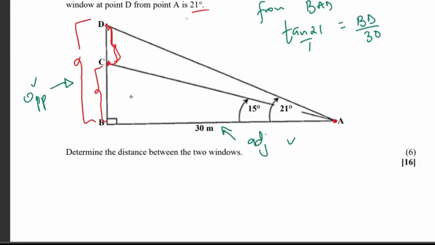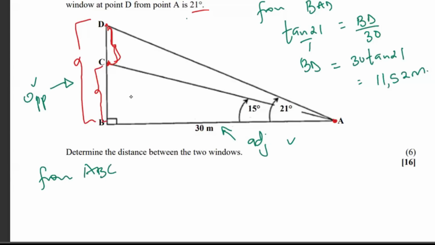Make that over 1, cross multiply. So BD times 1 is BD. We have the 30 times the tan of 21. All right. So 30 tan of 21, that gives us 11.52 meters. Then I'll do the same thing from that other triangle ABC and apply the same things as I'm looking for the opposite also.